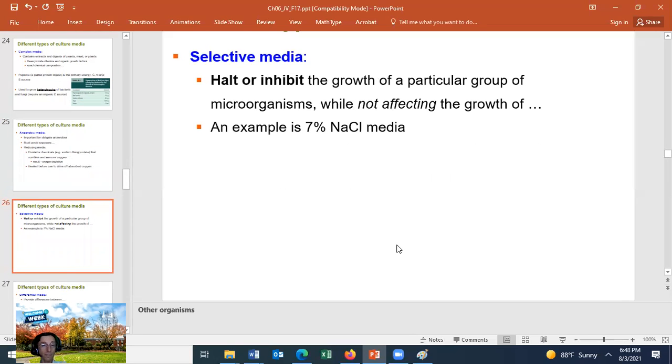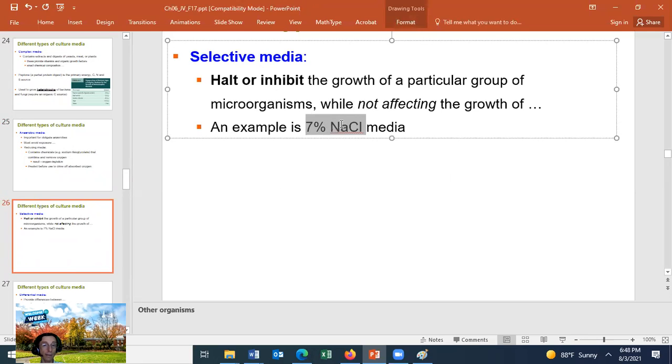There's also selective media. A selective media is one that has chemicals which halt or inhibit the growth of a particular group of microorganisms, but it does not affect the growth of another group of microorganisms. For example, 7% sodium chloride media is a selective media because it contains 7% sodium chloride.